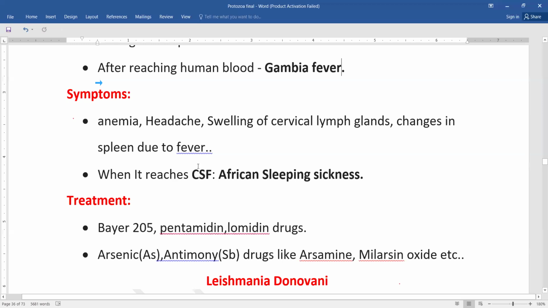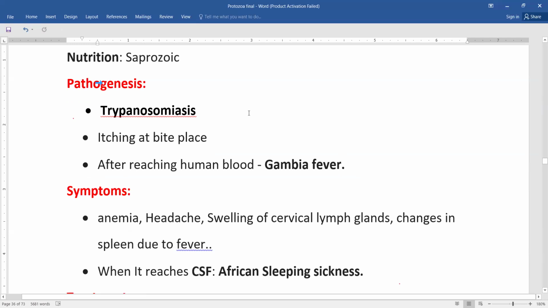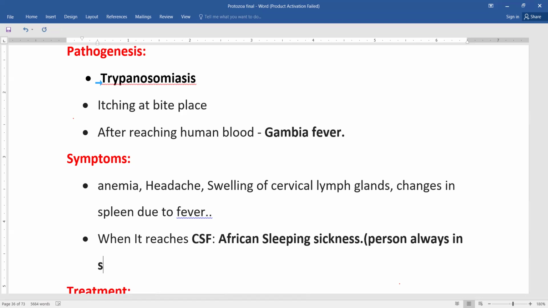When these trypanosome parasite stages reach the cerebrospinal fluid of the human being, due to Gambia fever, that causes African sleeping sickness. So the person is always in sleep. Because of sleeping sickness, the person is always in sleep.